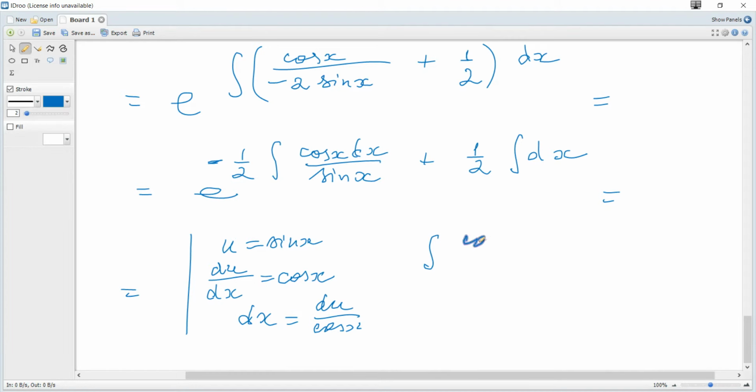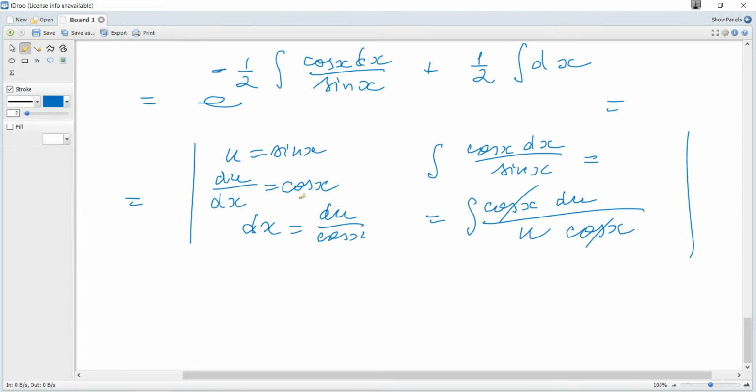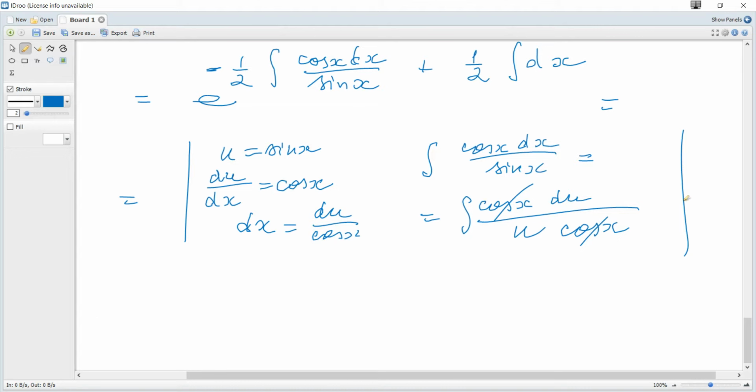Integral of cosine dx over sine becomes integral of du over cosine times cosine, over u, and you can see it looks like the integral of du over u with u being sine, so it becomes e to the power of negative a half ln of the absolute value of u, and u is sine.